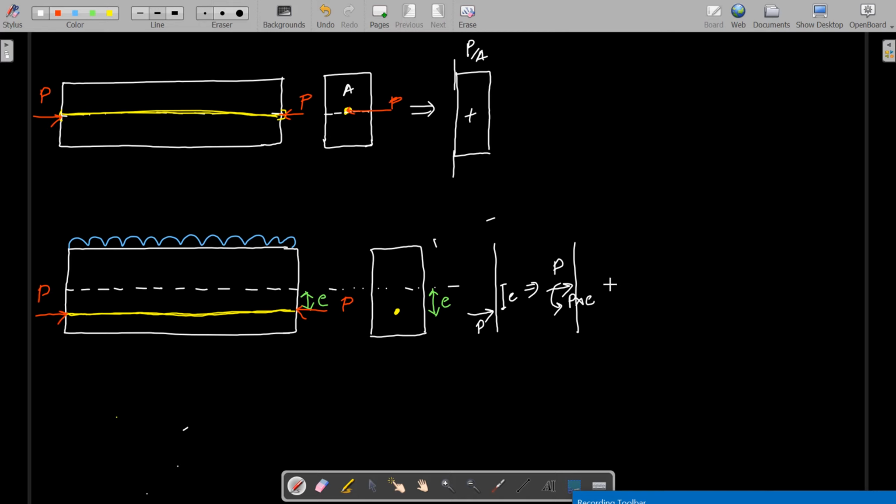Due to this direct force P, there will be compressive force throughout. This section has cross-sectional area A, so that will be a compressive stress, plus P by A, throughout the section. That is the direct stress acting here.